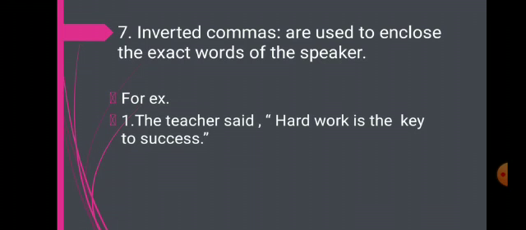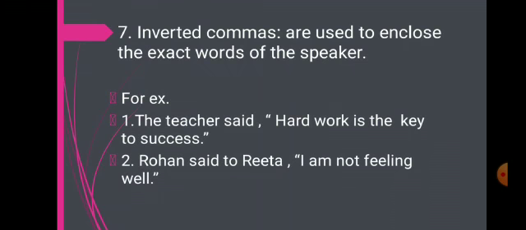Example is, the teacher said hard work is the key to success. This is the exact wording of the teacher, what she said. Another example is, Rohan said to Rita, I am not feeling well. Again, this is an exact word of Rohan, what he said to Rita. So we have put inverted commas here.